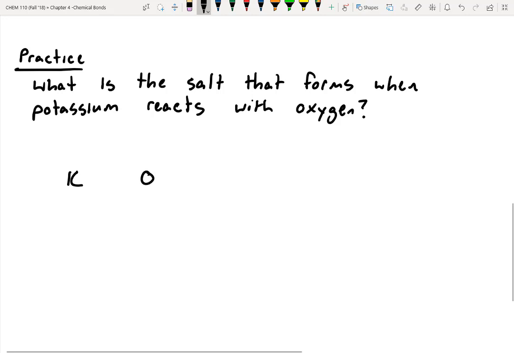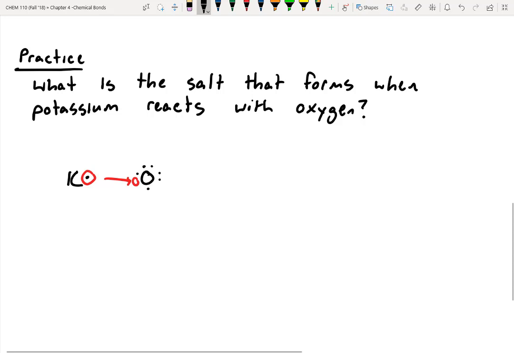How many valence electrons does potassium normally have? Just in its neutral state. Don't think about it as even being an ion. 1, okay? Oxygen normally has 6, so we can say, well, potassium can give 1 electron right there, but even then, oxygen only has 7 electrons.